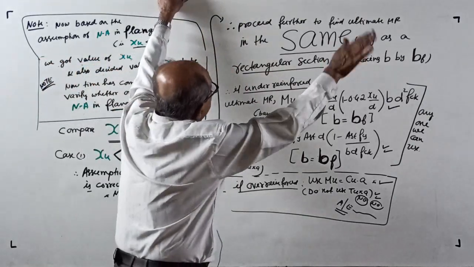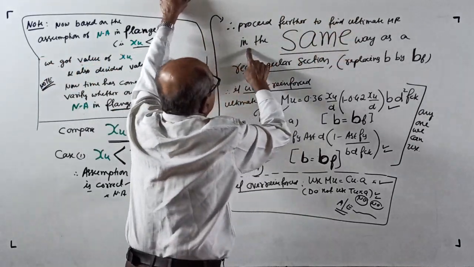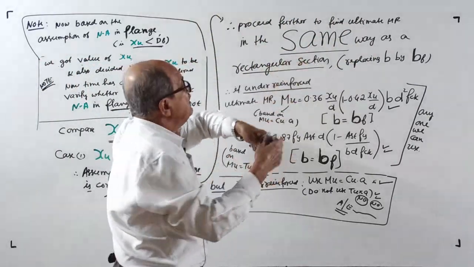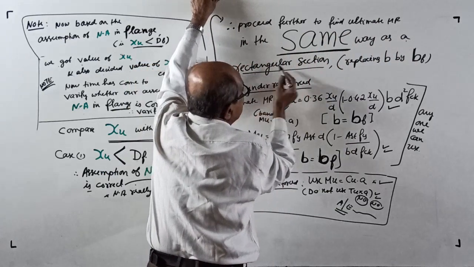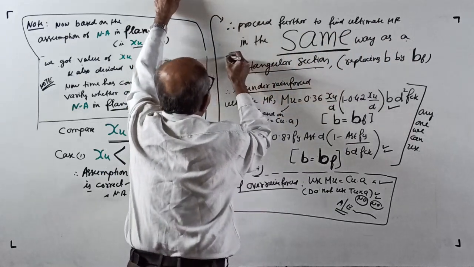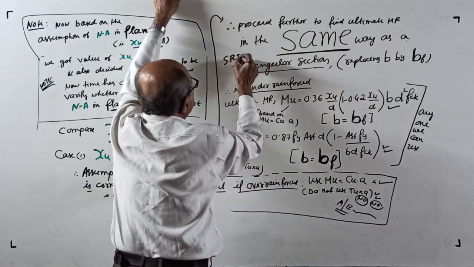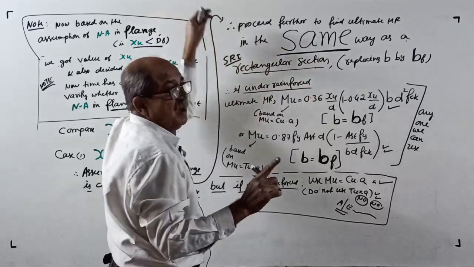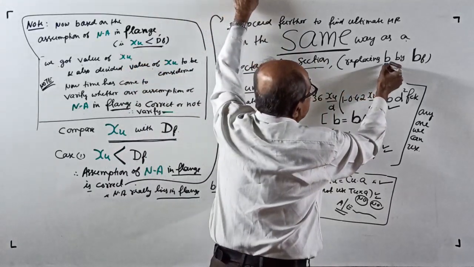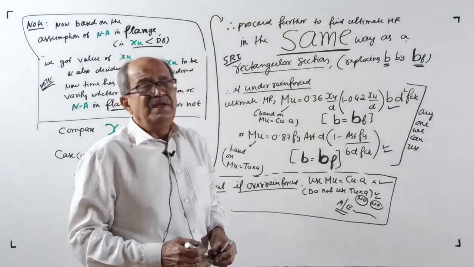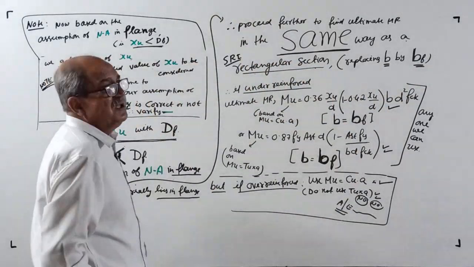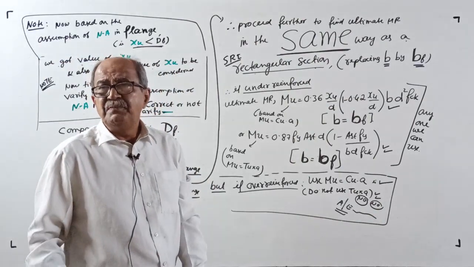Therefore, proceed further to find ultimate MR in the same way as a singly reinforced rectangular section. But one important thing: replace the term B there by the breadth of flange. This I told already. It is the same as a rectangular section. Wherever you get B, replace by BF.